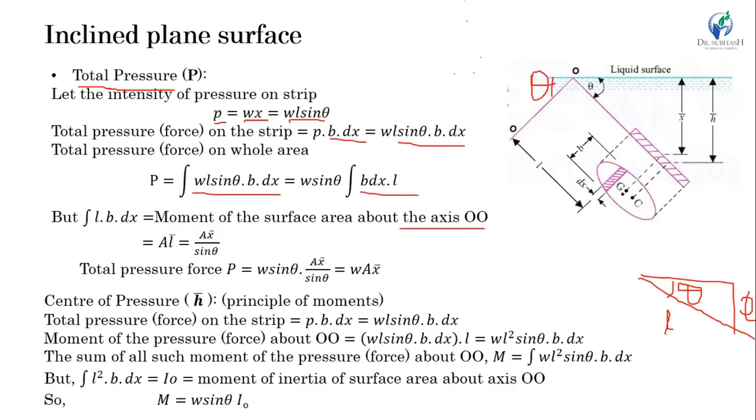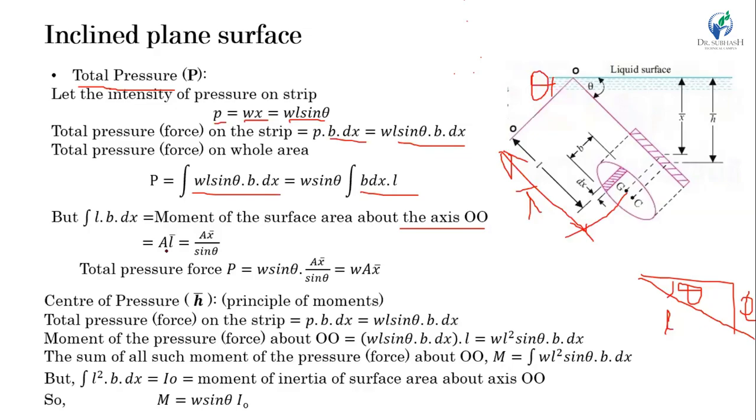So by integrating this, we get the total area A times the distance between the axis and the CG of this area, which is L bar. It is not shown here, but we can indicate this distance this way. So this distance is L bar, the distance of CG from the axis considered, which is OO.